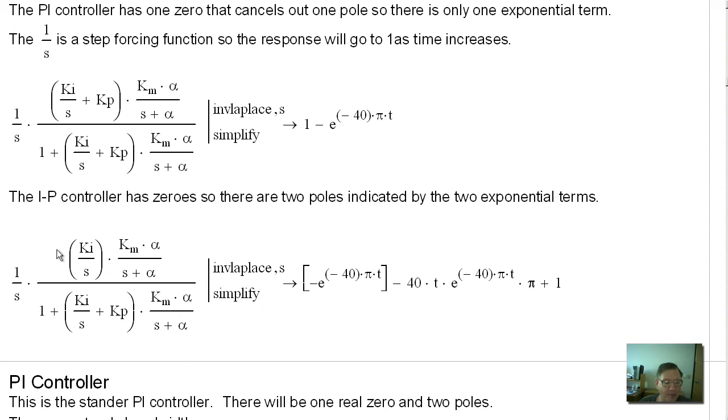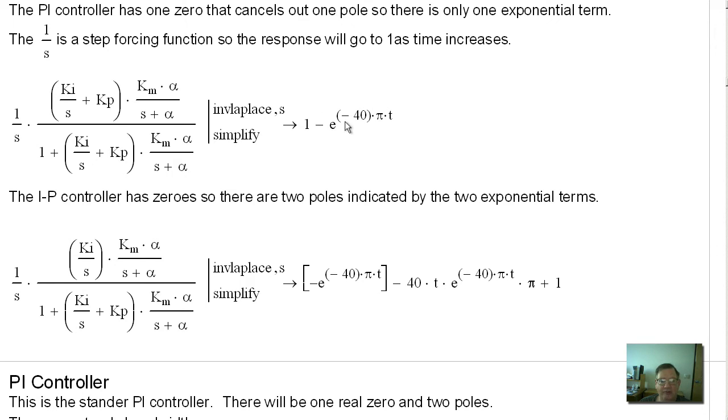In the I minus P controller case, it's basically the same thing, except we have 2 poles, but they both decay and go to 1. Now, another thing I want to point out that we're going to see later when we're talking about sample time is that this should never overshoot 1 on the velocity, because there are no positive terms here in the transient.